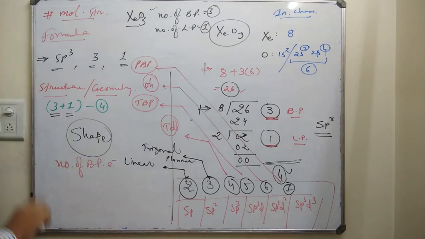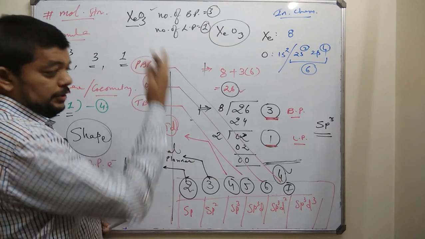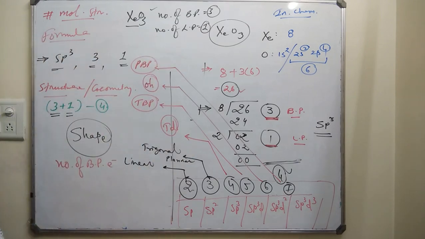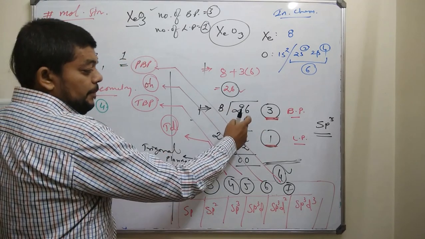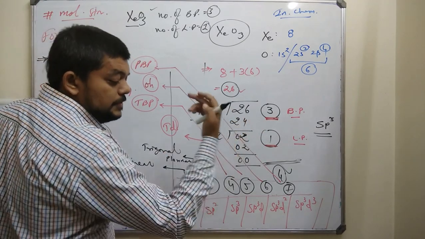And also remember that there are few structures, few compounds, few molecules in inorganic chemistry available where you do not get the second divisor. It means in the first step only the remainder becomes 0.